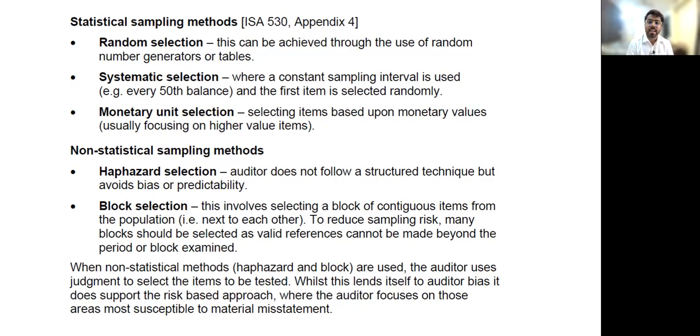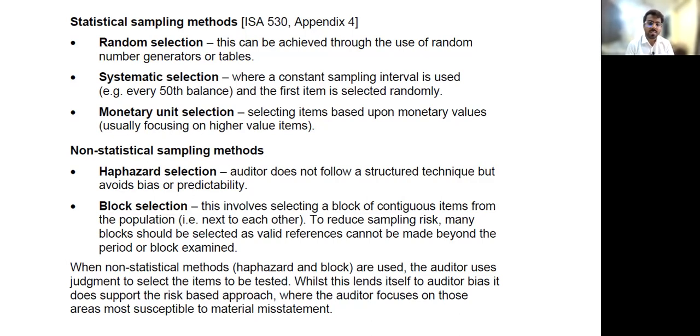This involves selecting a block of continuous items from the population that are next to each other. To reduce sampling risk, many blocks should be selected, as valid references cannot be made beyond the period or block examined. All right, that's block selection.